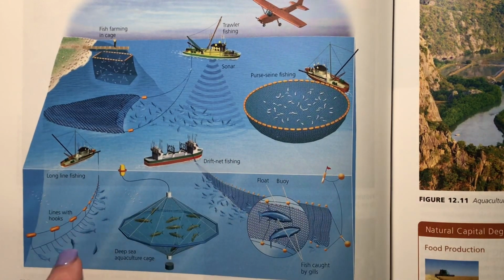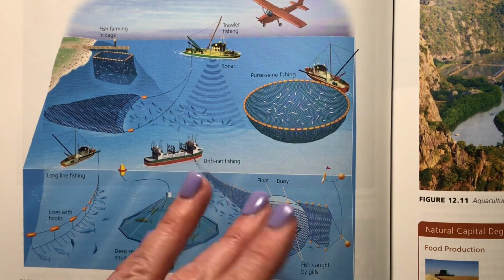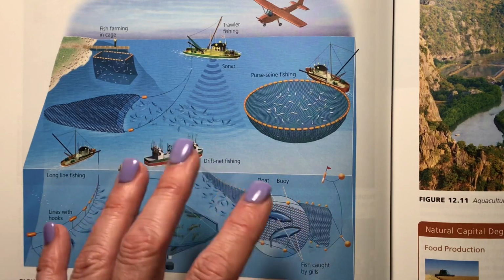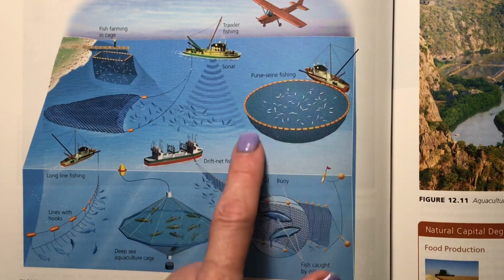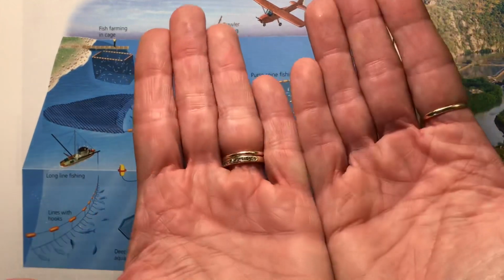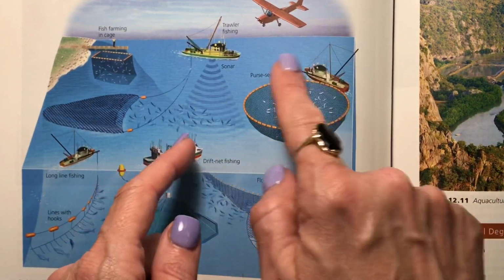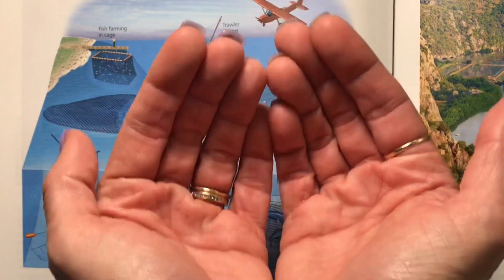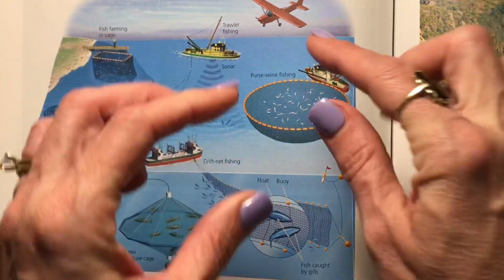These are all for more muscular fish. You're talking about tuna, stuff like that, where they're going to be a little bit more apt to get away. If you have something like purse seine netting, you have a circular net, like in Finding Nemo when Dory got caught in the net, and then it comes up underneath, and then the top part gets pulled shut.